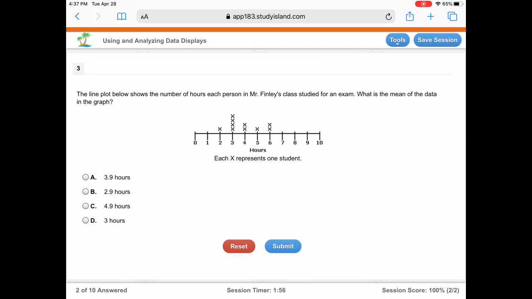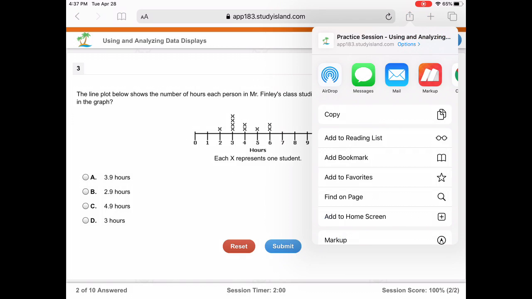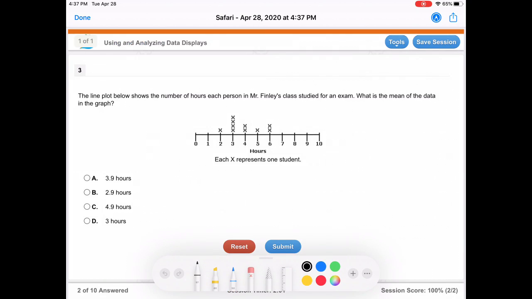So kind of the same process here. So we're looking at one of them for the 2, so that's 2. We've got 4 for the 3, so 4 times 3 is 12. 2 for the 4, so that gives us 8. 1 for the 5s and 2 for the 6s. So add all these up to get the total amount of X's, so the total number of students here.